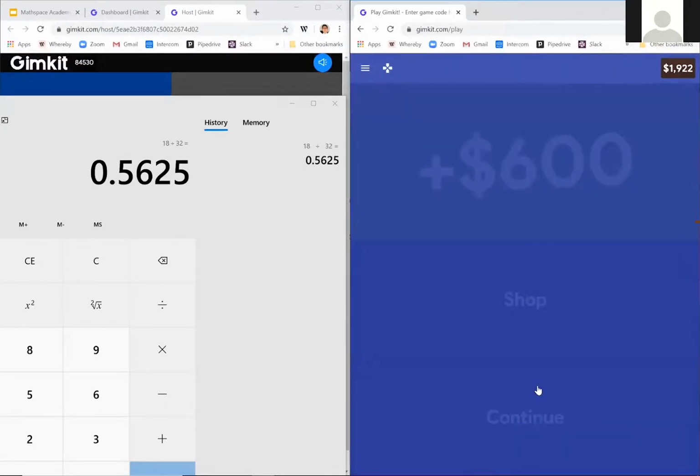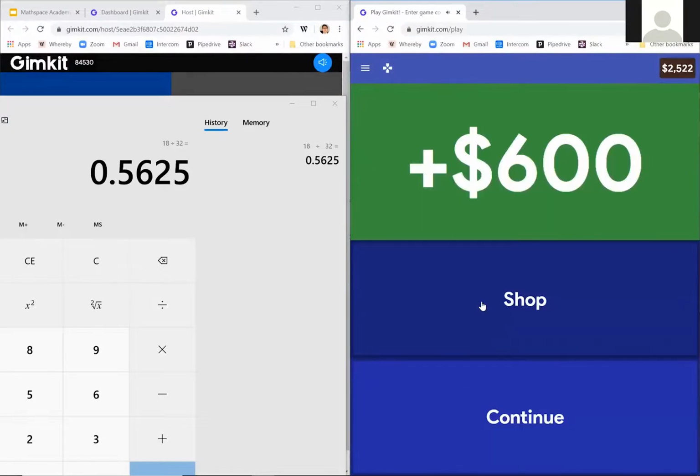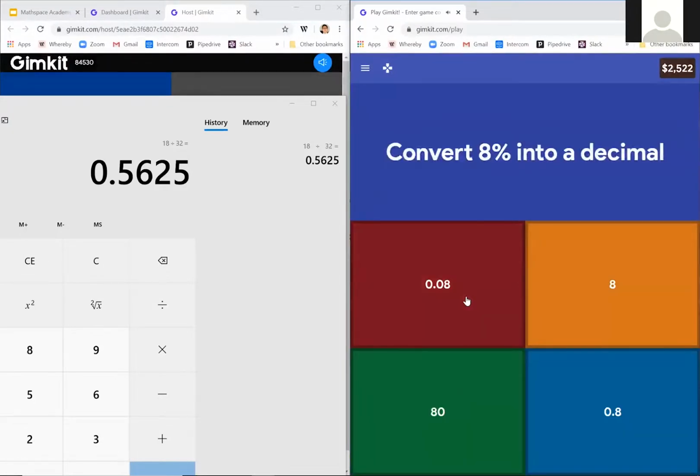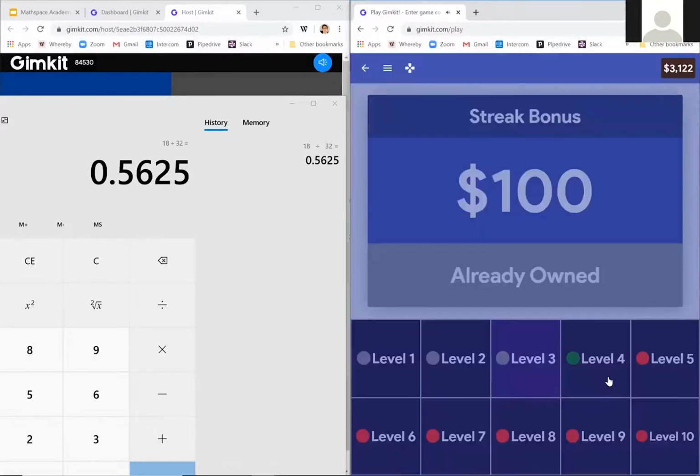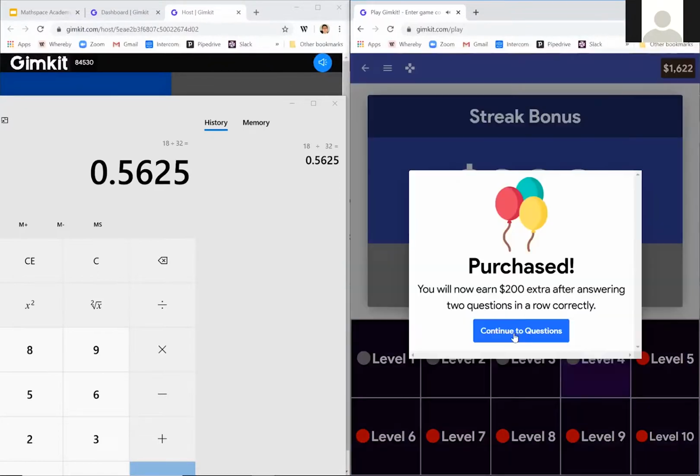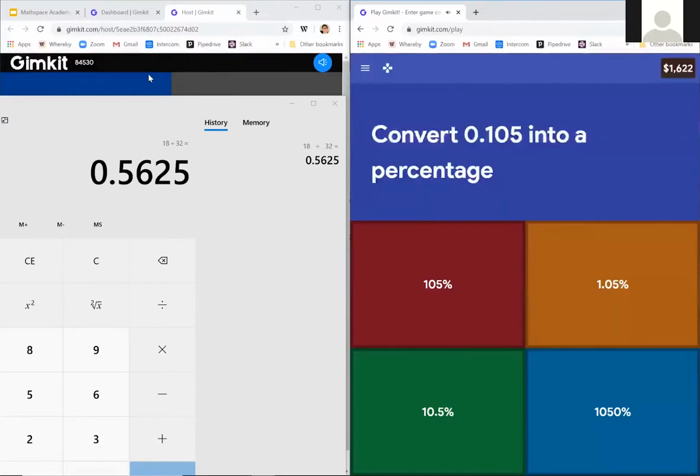This one. 8% to a decimal. Oh man. Streak bonus. Go. But I haven't been looking at the health. Oh, zombies, we've got less health.